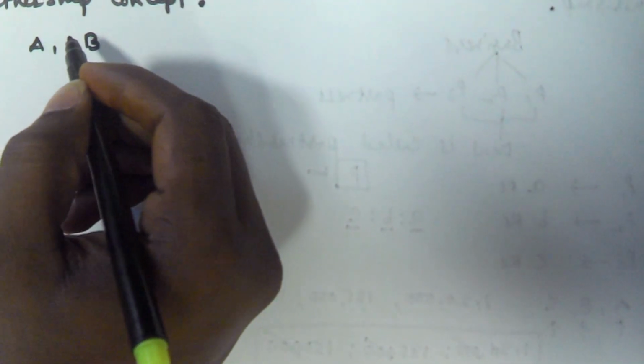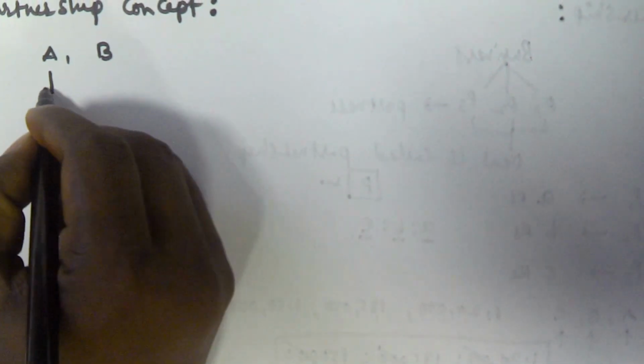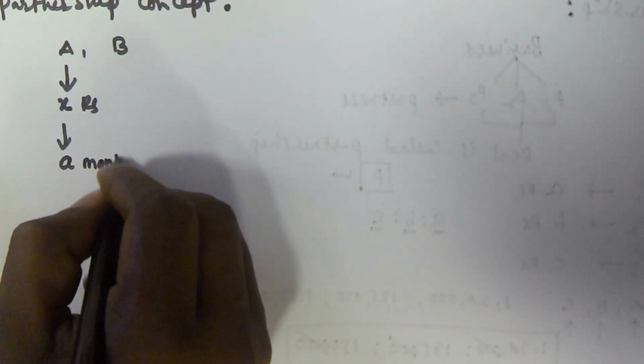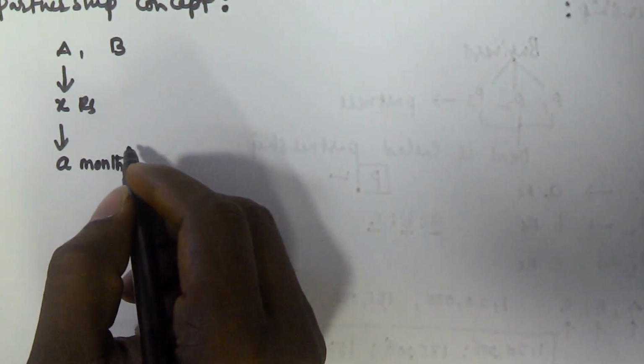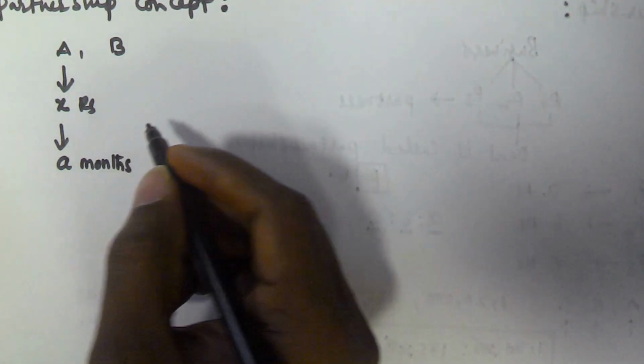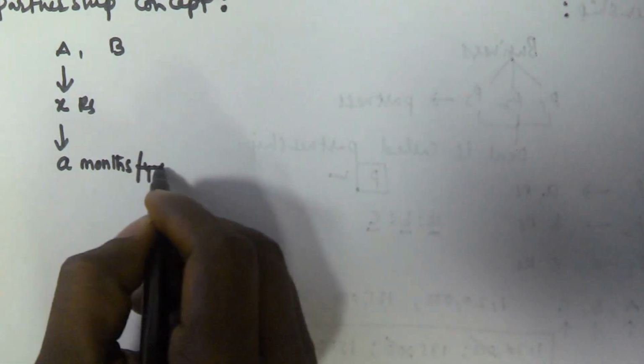Suppose there are two persons, A and B. A invested X rupees for a months, or years. Let us take months only.